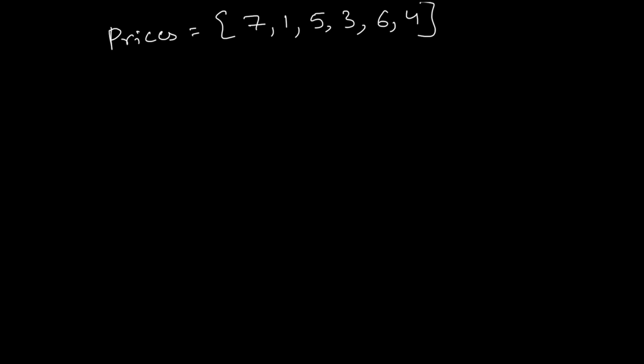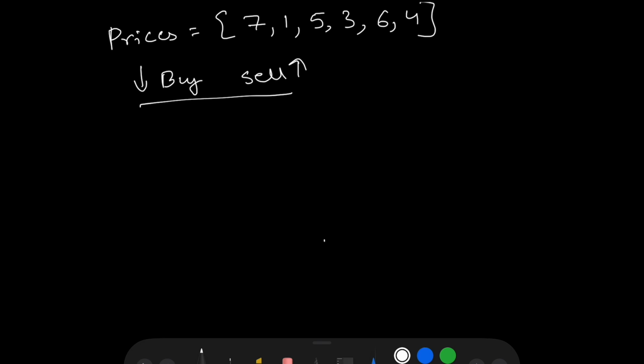So what we want to do is minimize the buy price and maximize the sell price. Then we will get the max profit. Now let's see how we can do that in O of n time.